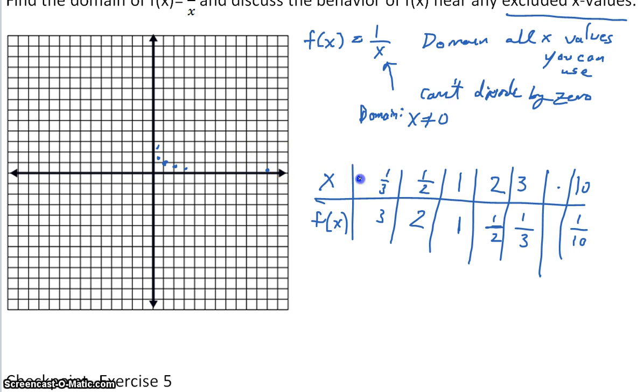So I'm going to just stop at 0 and just put a big X through that, because that doesn't work. But what seems to happen is we get this line. It's getting closer and closer to the x-axis. And this line is going to keep going up, because when you divide by a number closer and closer to 0, you're going to get a number that keeps going up and up.